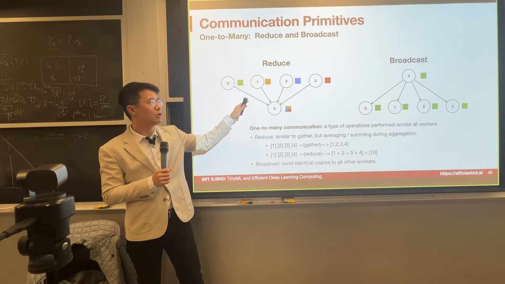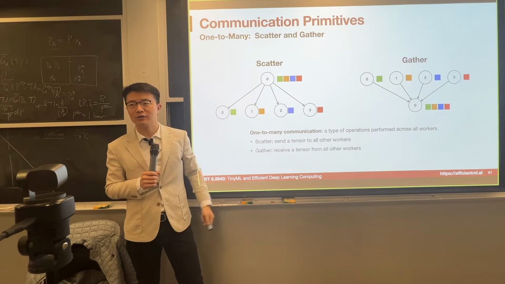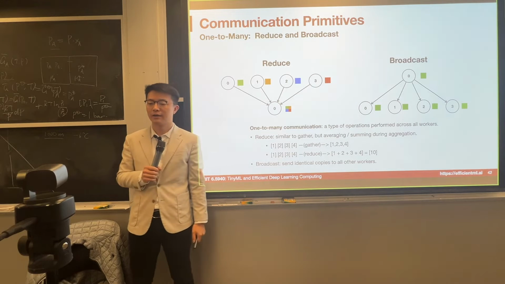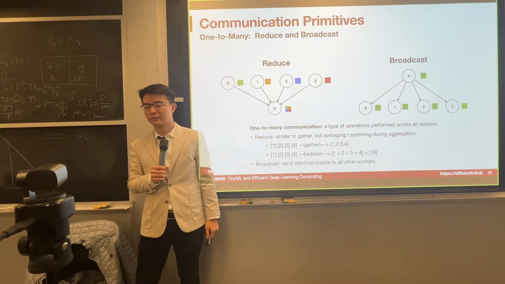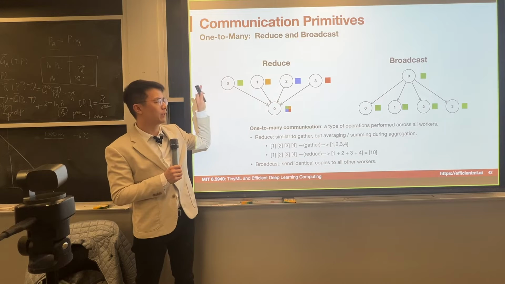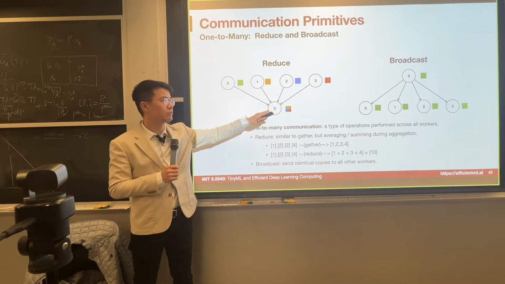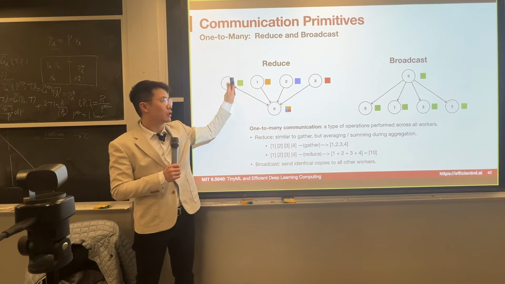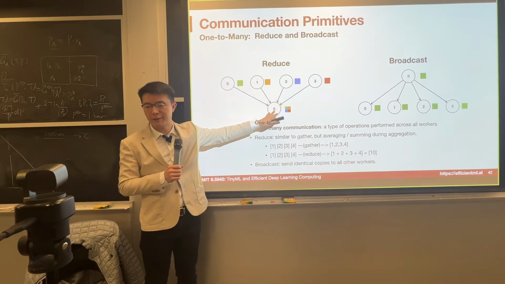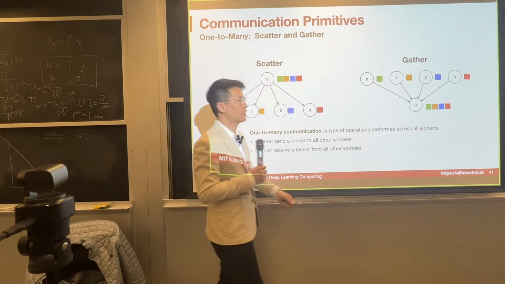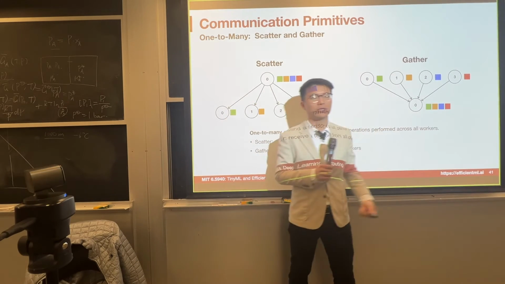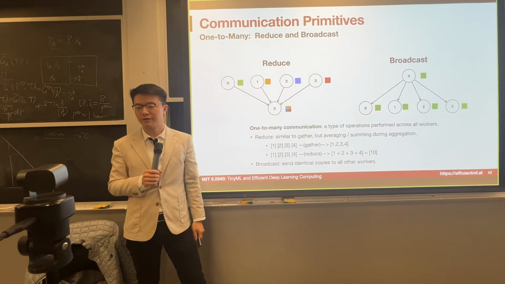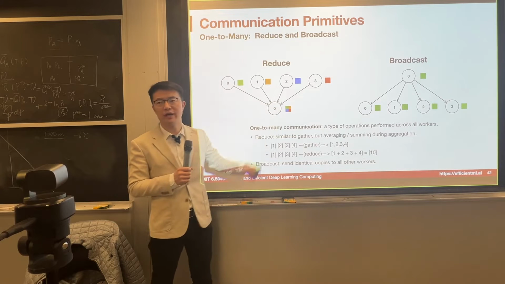Okay, so if you compare reduce and gather, what is the difference between reduce and gather? So first of all, it's also a one-to-many communication. Similar to gather, you have multiple nodes, you put it together. But here, you not just have them in an array separately, but now you want to average or sum, basically reduce them together into a single value.